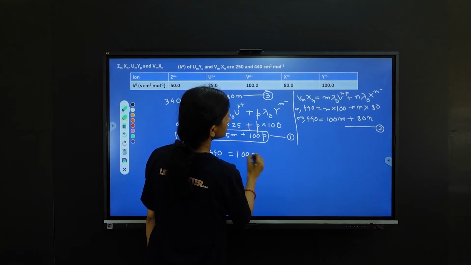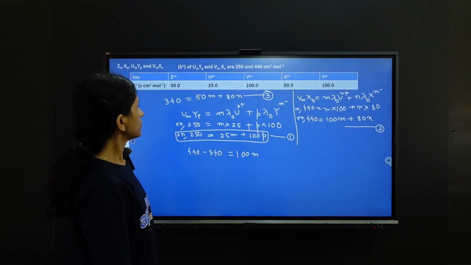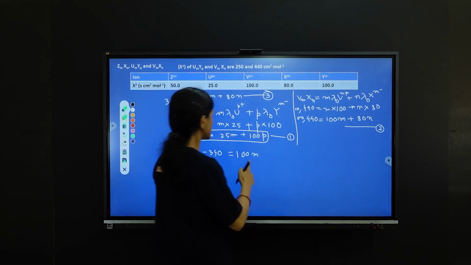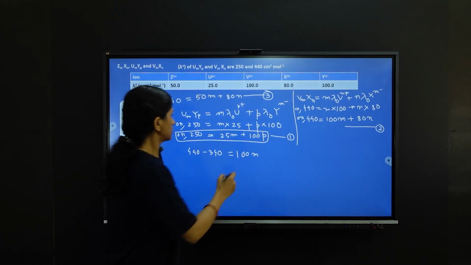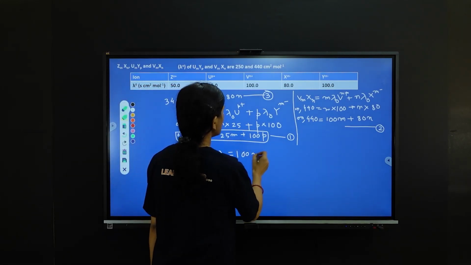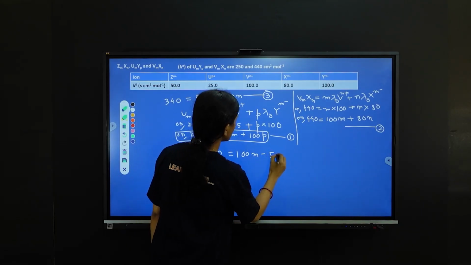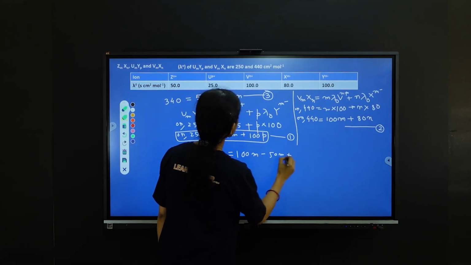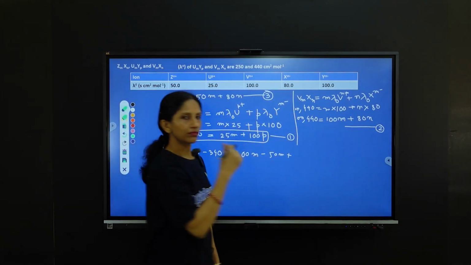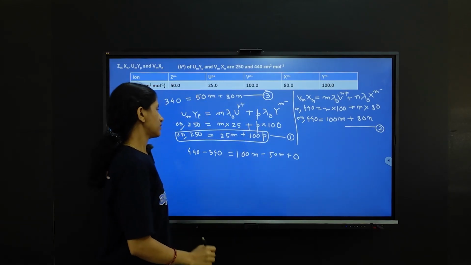So 100m minus 50m, plus the 80n minus 80n will get cancelled out, so it is 0.